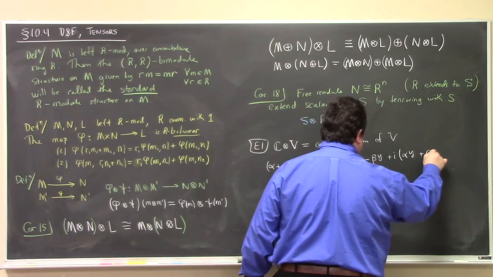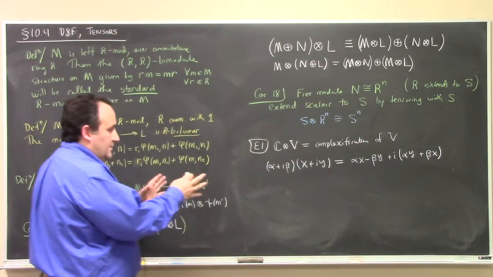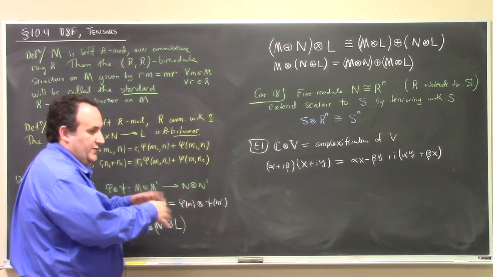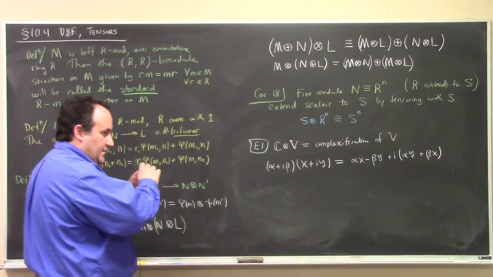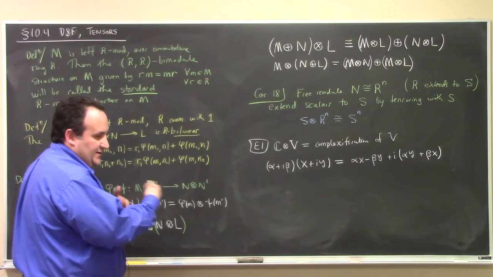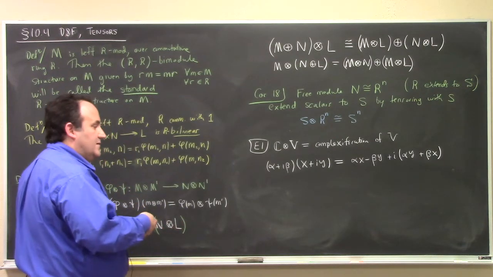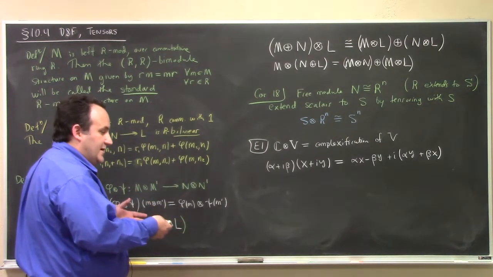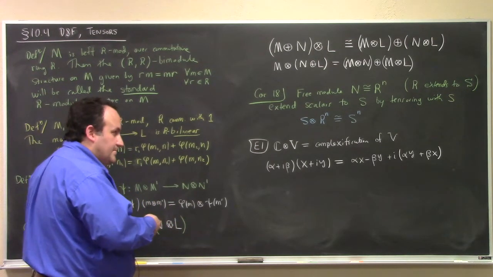plus beta x. And so sometimes when I teach linear algebra, I define a complex vector space over a given real vector space by this rule, and then I show that that definition of scalar multiplication on linear combinations of x plus iy necessarily gives you the structure of a complex vector space. But truth be told, all I'm really doing is taking the tensor product of the real vector space with the complex numbers.